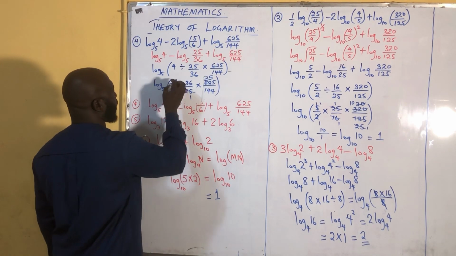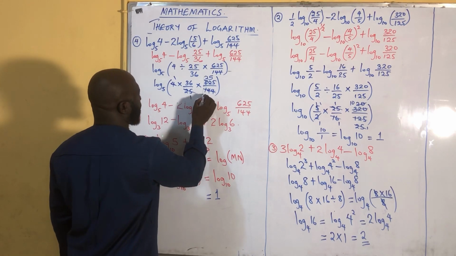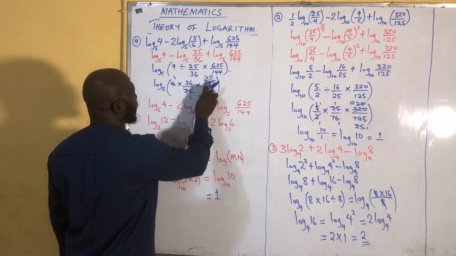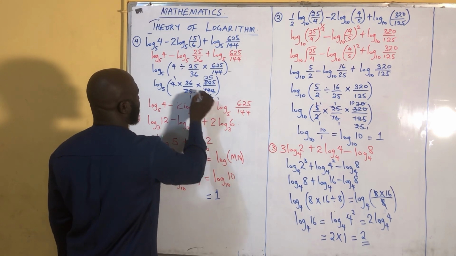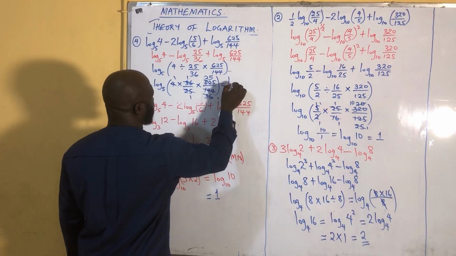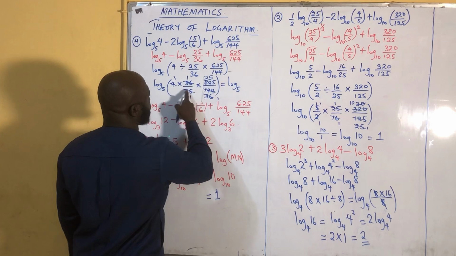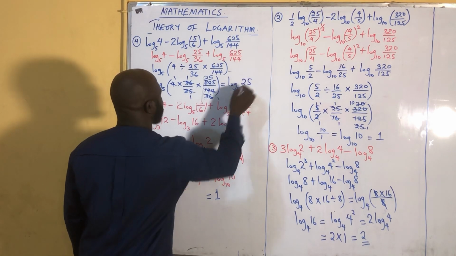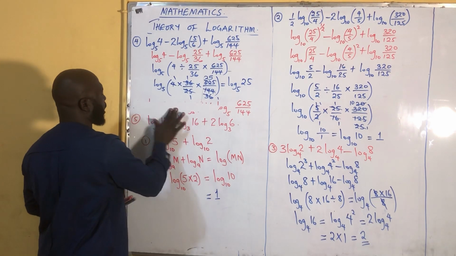So 4 here 1, 4 in 14, that will give us 3. In 24, that is 6. 36 here 1 and 36 here 1. So we are left with logarithm in base 5 of, we are only left with 25 as the remainder in our answer.